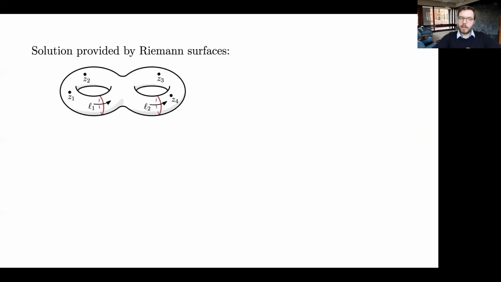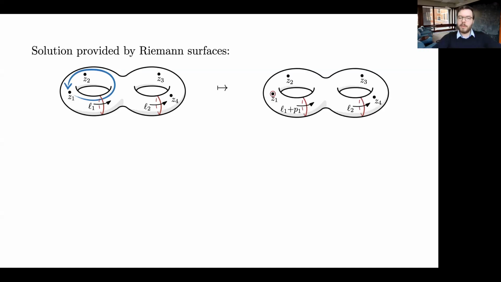Now let me tell you how the solution to this is provided by Riemann surfaces. So in the standard picture of chiral splitting, what we do is we assign the loop momentum by measuring it alongside these red cycles, L1 and L2. And then what happens is that when punctures go around and they pierce these cycles, the loop momentum is now measured, in this case, around here and around here.